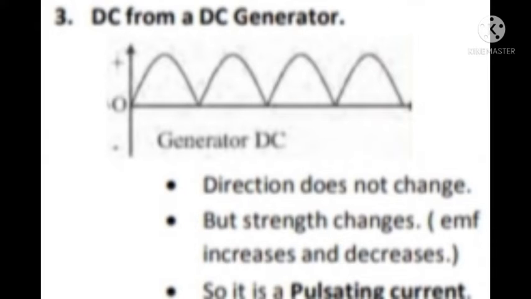The graphical representation of DC from a DC generator is this. It is unidirectional, that means only in one direction. The direction does not change but the strength changes, EMF increases and decreases, so it is a pulsating current.